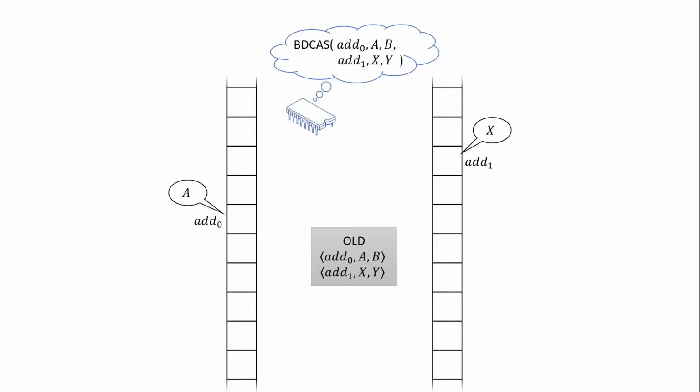The goal is to write pointers to the new descriptor into array entries at the corresponding addresses. We say that we attach the descriptor to one of the two sides if we manage to store a pointer to the descriptor into the corresponding array entry. Once the descriptor is attached to both sides, we can change the status from old to new. This way, we atomically change the interpreted values of both array entries from A to B and from X to Y respectively.